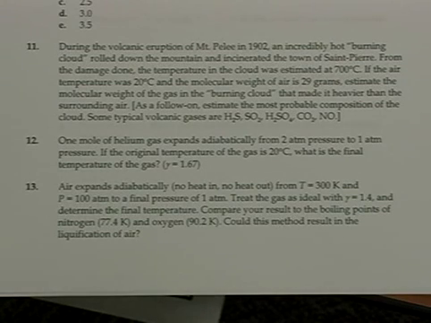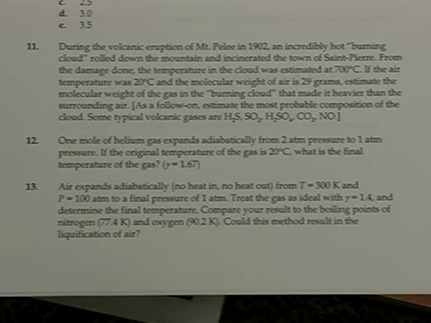Problem number 11. During the volcanic eruption of Mount Pelee in 1902, an incredibly hot, burning cloud rolled down the mountain and incinerated the town of St. Pierre. From the damage done, the temperature in the cloud was estimated at 700 degrees centigrade.